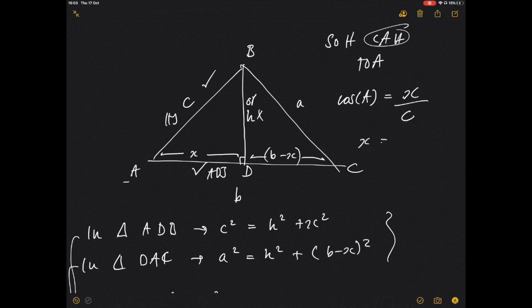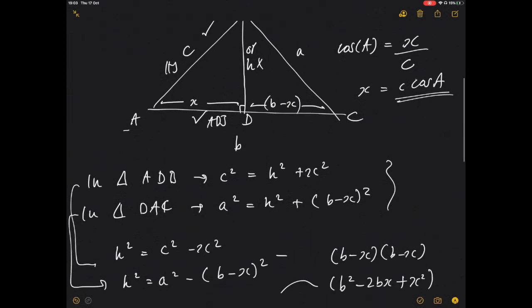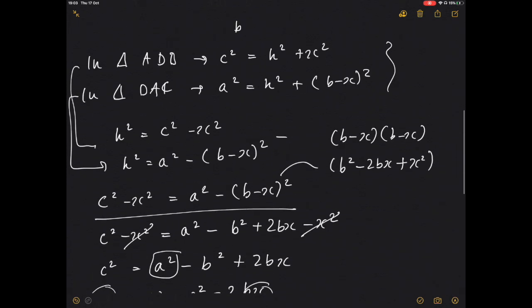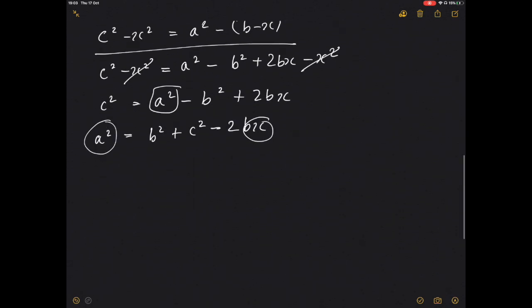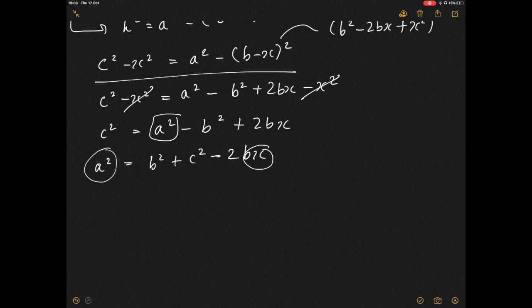So we can say that x equals c cos A. And from that, we now have the beginnings of the solution to our problem. We've found that x equals c cos A.